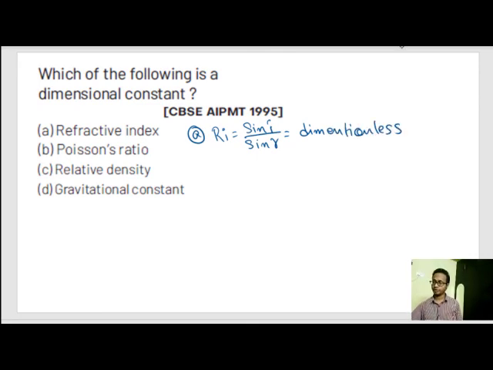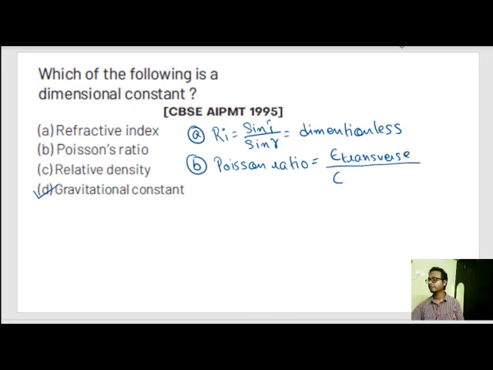See, from the option you can clearly see gravity has a dimension, but I'll be deriving all the options. Okay. Poisson's ratio. This is from strength of materials, or is equals to lateral strain, transverse strain by axial strain. So even this is dimensionless.